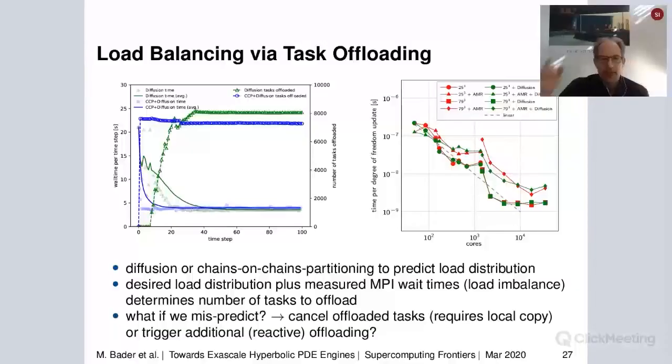And actually, here you can see the 2 charts showing how, for example, a diffusion-based task offloading in the left plot would react to a sudden load imbalance and progressively put tasks to another compute node.